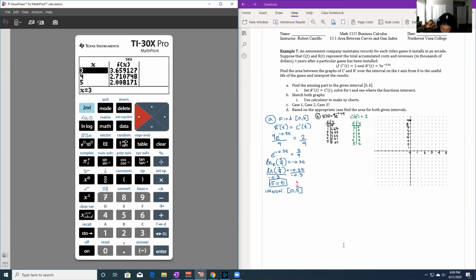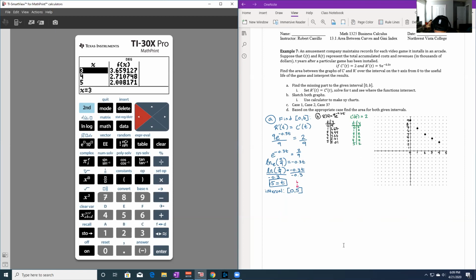And then 1 and 6.67, so probably right around there. 2 and 4.94, basically 5. 3 and 3.66, right here. 4 and 2.71, right around there.